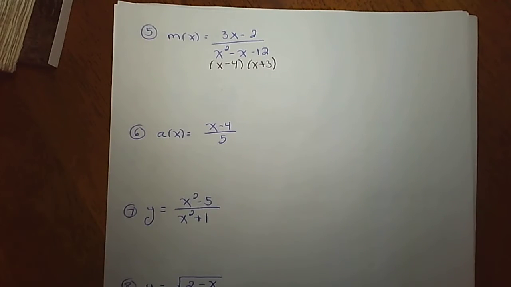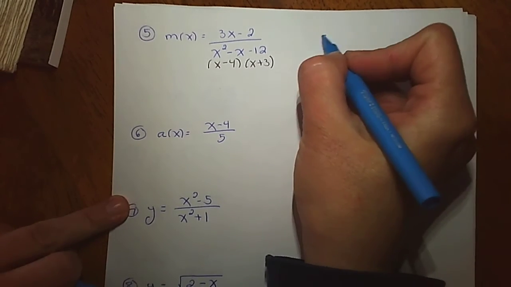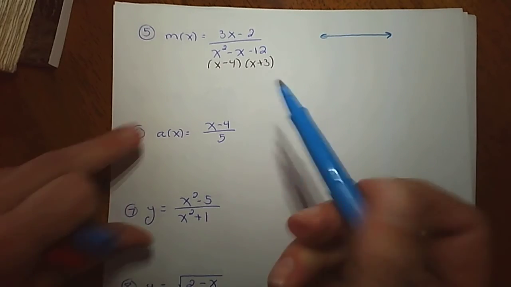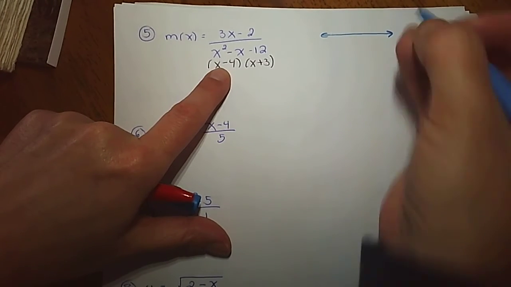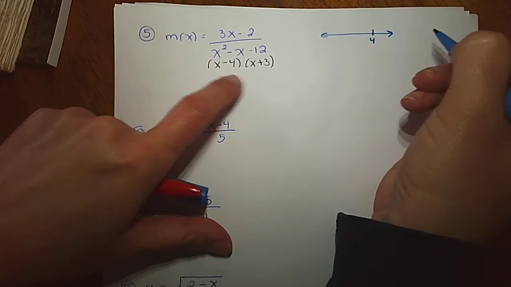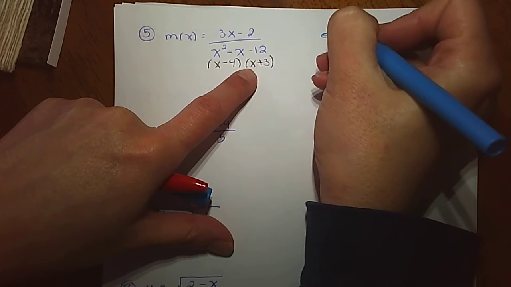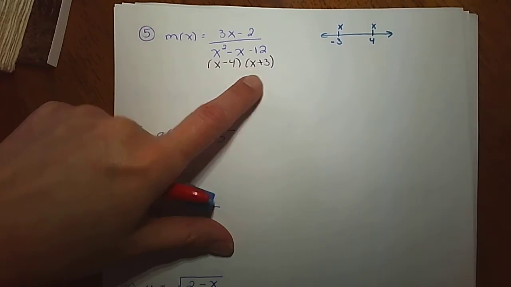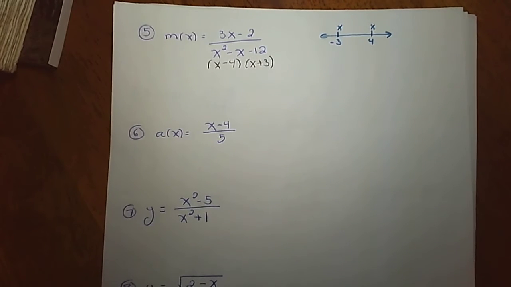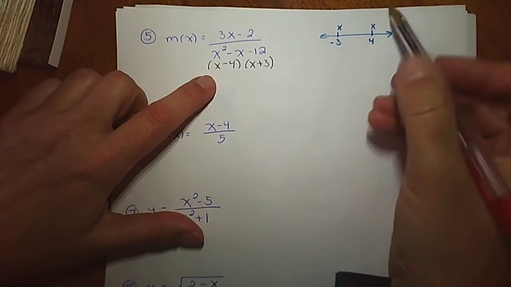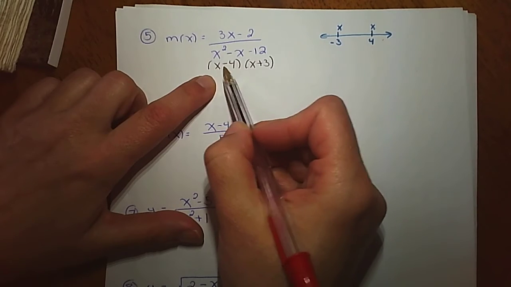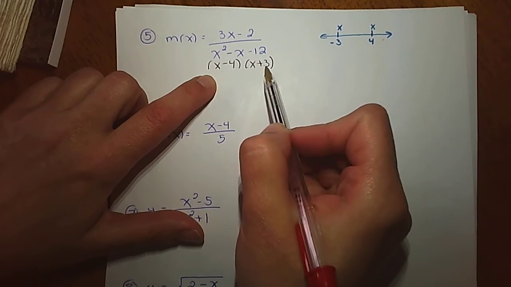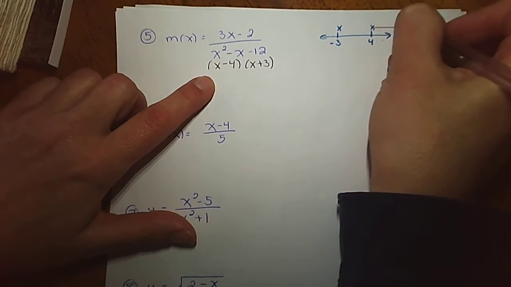So, I'm going to draw a number line here, right? This time, a positive 4 would ruin it, and a -3. So we can't have that, we can't have that. Now, we're going to test, right? 5 minus 4 is 1, 5 plus 3, right? That's fine. Right?